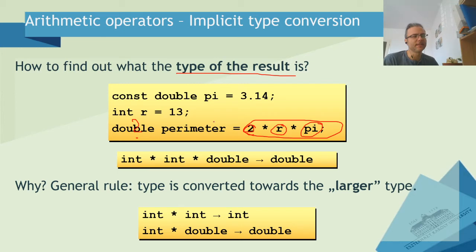Sometimes it's easy to find out what type the result should be, but sometimes it's not so straightforward. There is a golden rule, however. The result is converted towards the larger type almost always. So now the larger type is double.